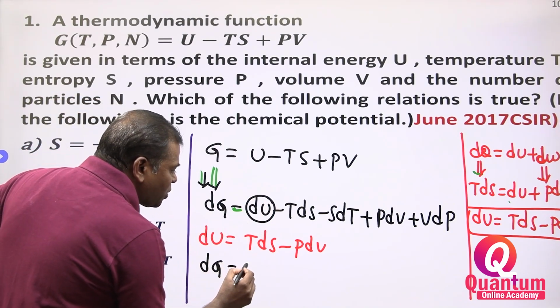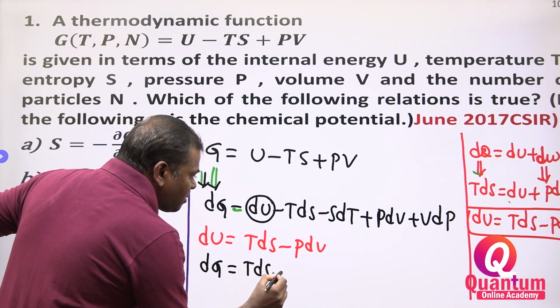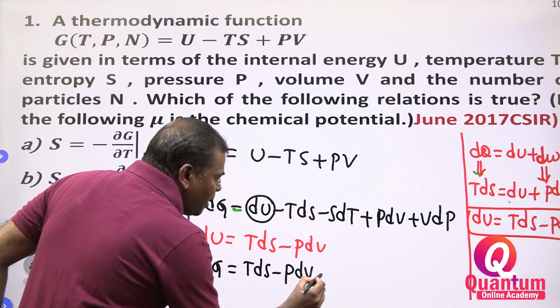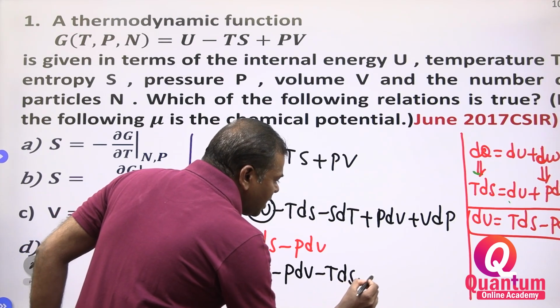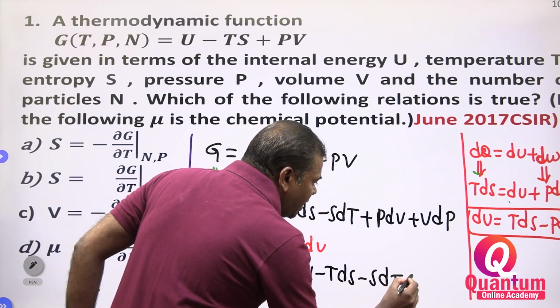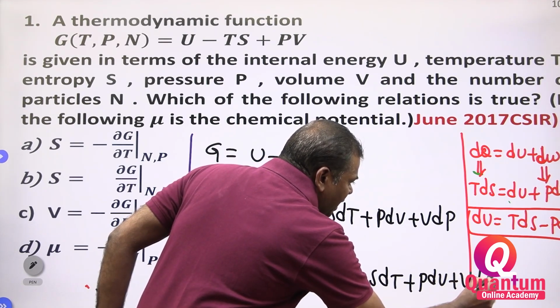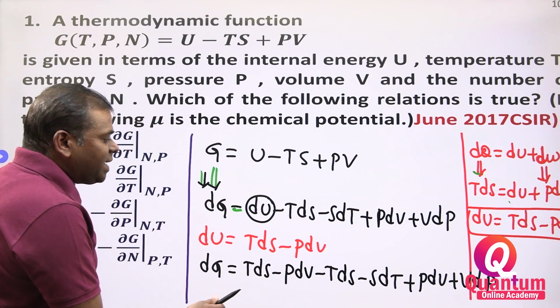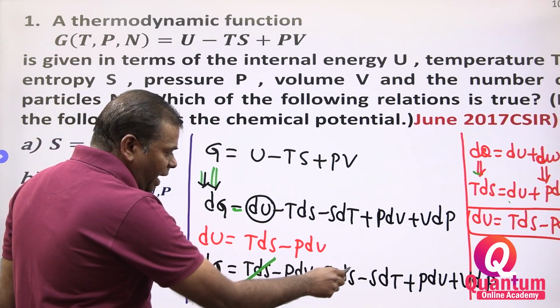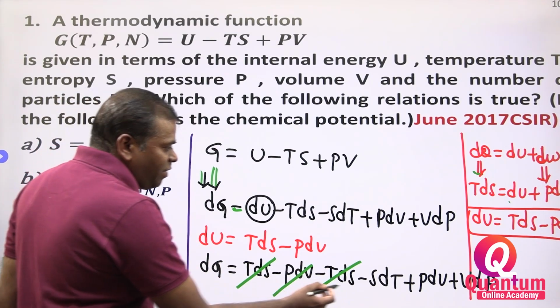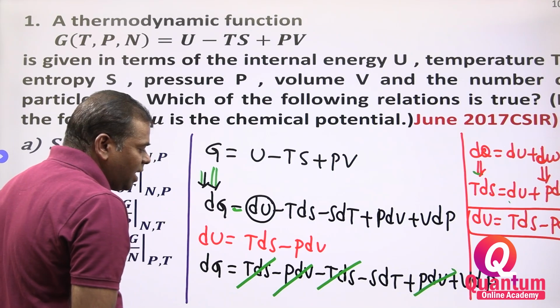dG is equal to, instead of dU, what should I write? TdS minus PdV, minus TdS minus SdT plus PdV plus VdP. Now, any cancelling there? Plus TdS minus TdS, plus PdV minus PdV get cancelled.